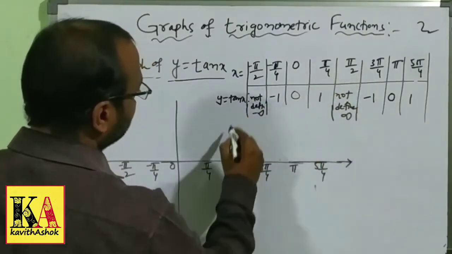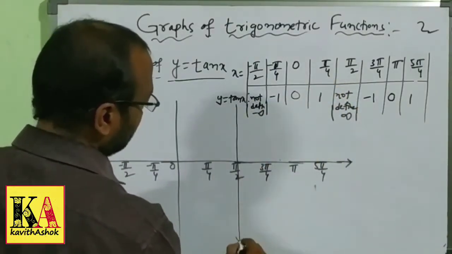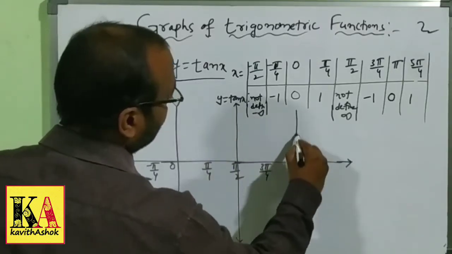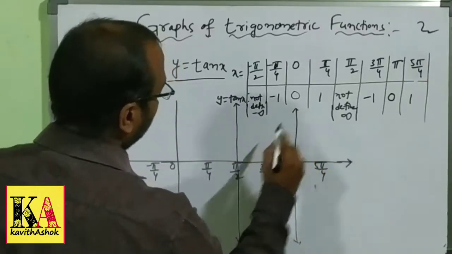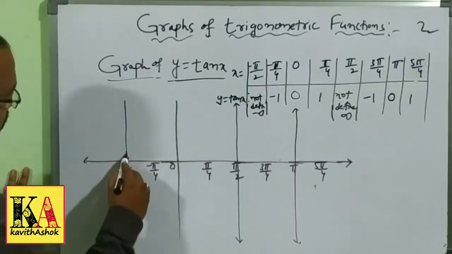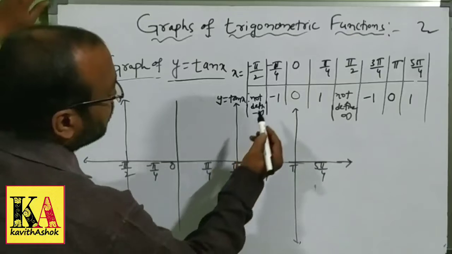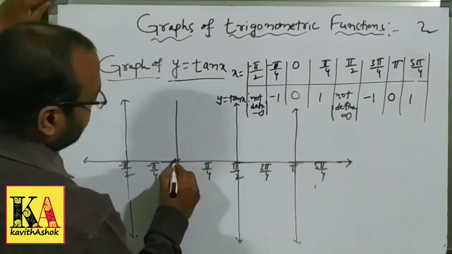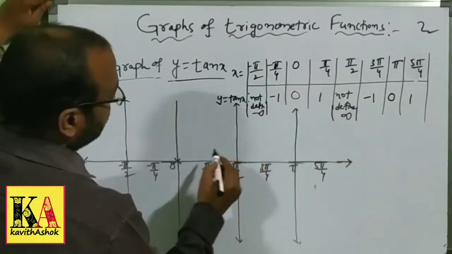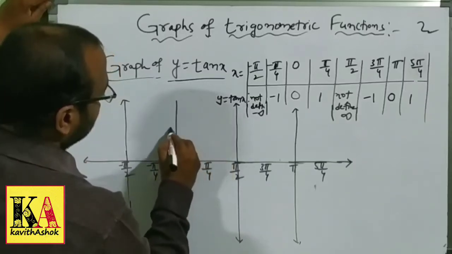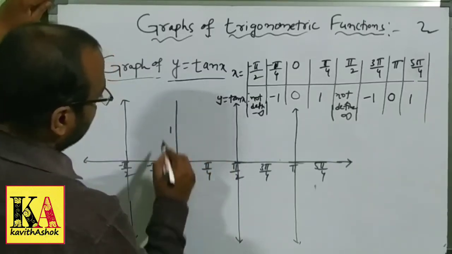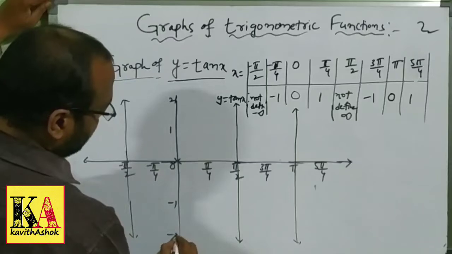At pi by 2 values. So take the line here. Now tan 0 is 0. Tan pi by 4 is 1. Suppose this is 1 side and this is minus 1, 2, minus 2 like that.